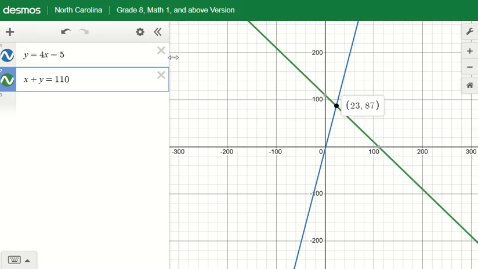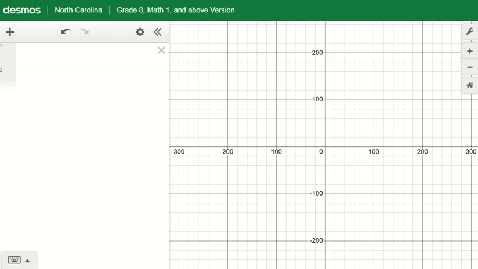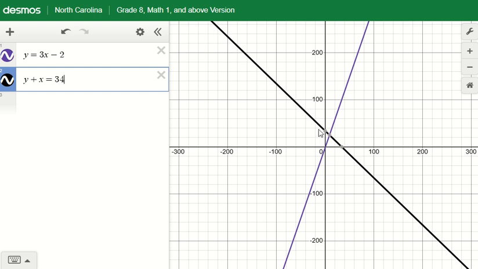So we got Y equals 3X minus 2, and we got Y plus X equals 34. So where they cross at 9, 25.